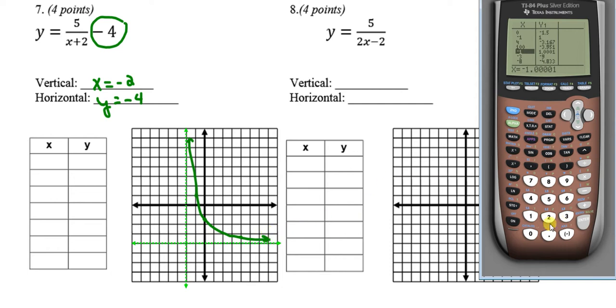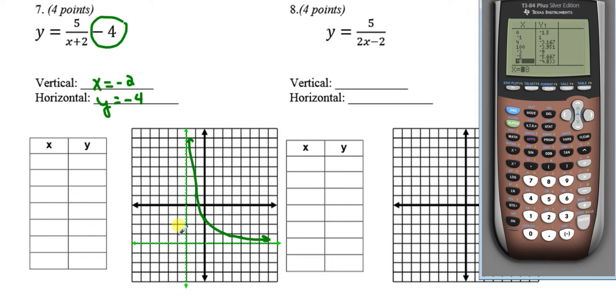And on the negative side, if I go past the vertical asymptote, like negative 3, and let's go negative 5 and negative 8. And negative 3 is negative 9, and I should have filled this in, but I didn't.